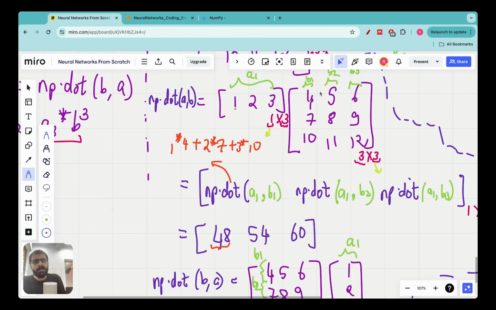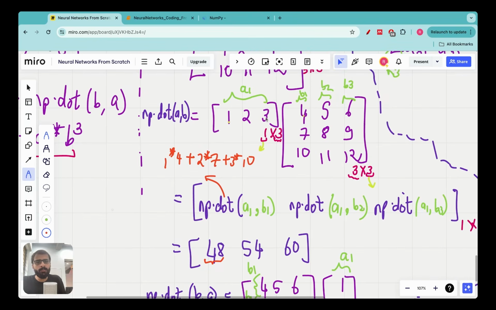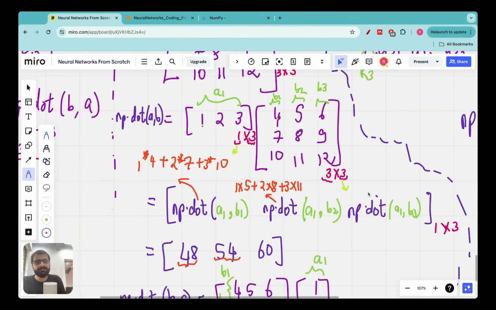Now let's look at the second element. The second element is np.dot(a1, b2), a1 and the second column. So then this will be 1 times 5 plus 2 times 8 plus 3 times 11, and this will be 54.